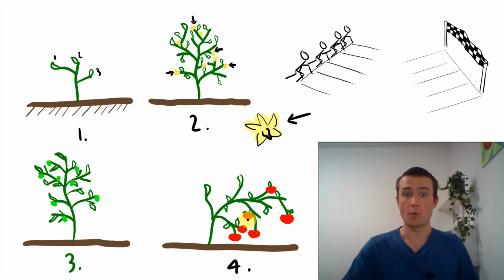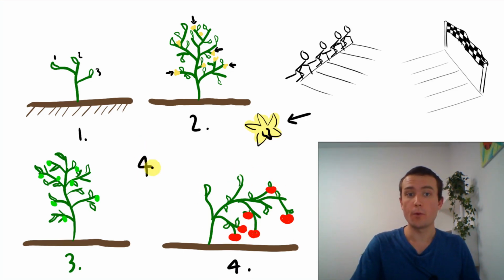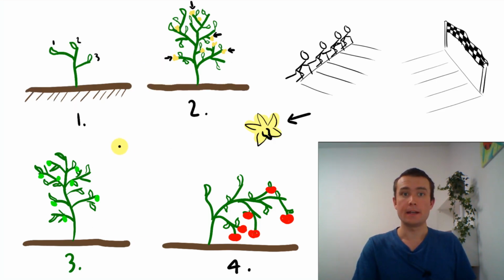I have drawn 4 plants. 1, 2, 3, 4. But all 4 are the same plant. It's the same plant in each drawing.